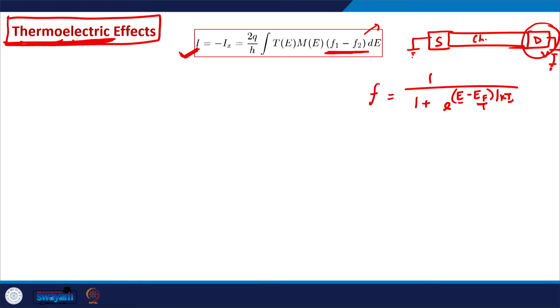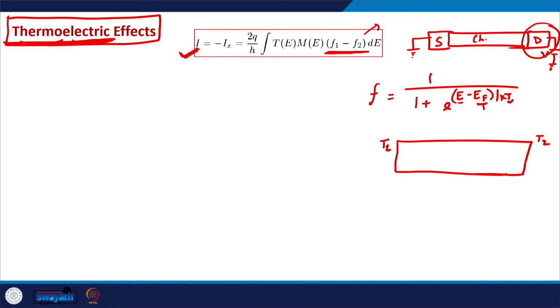But if you have a close look at the Fermi function expression, it also depends on the temperature. If we put the conductor such that on the left side it is at temperature T1 and on the right side at temperature T2, then because of the temperature difference, the Fermi functions will be different on each side.